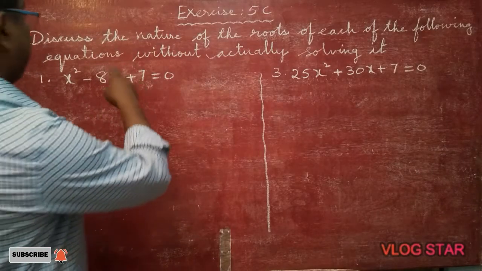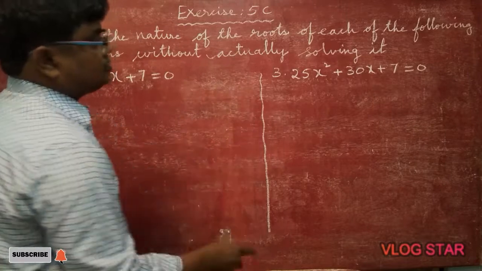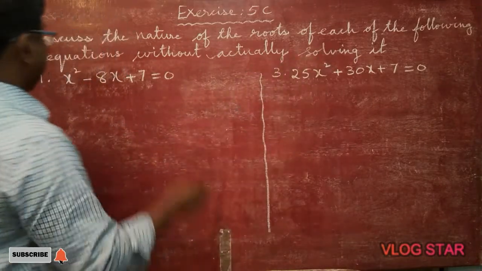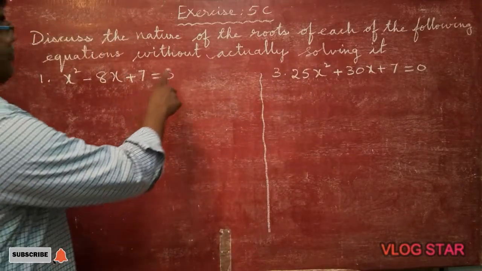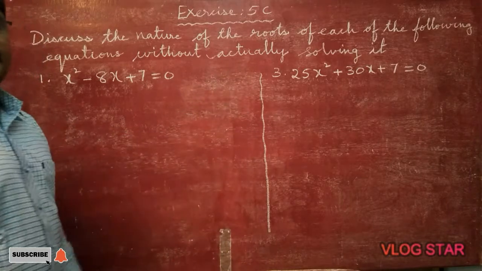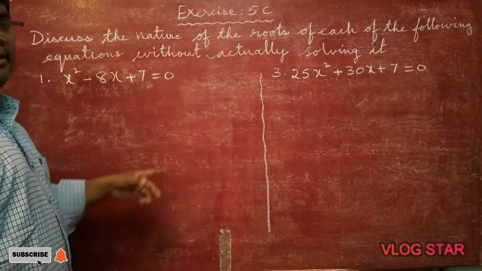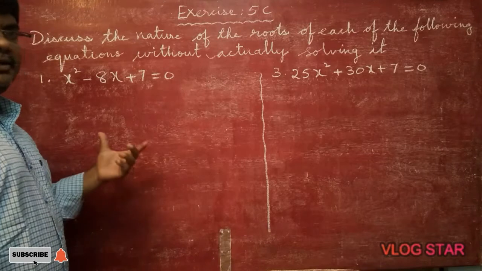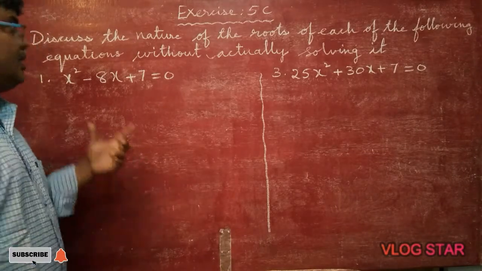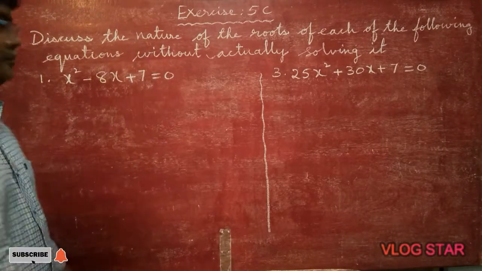Exercise 5C. Discuss the nature of the roots of each of the following equations without actual solving. Without actual solving means without the formula, taking the discriminant and discussing the nature.